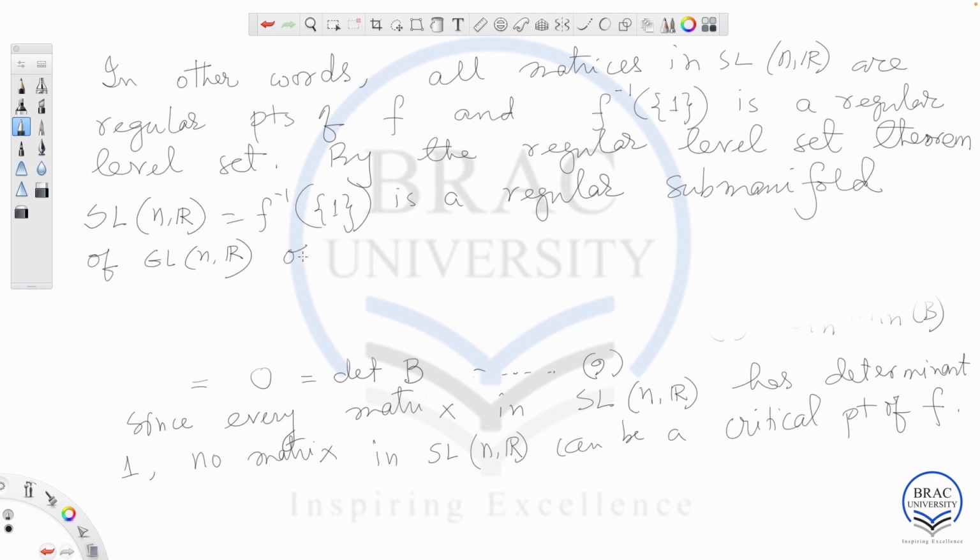of codimension 1, right? That is, the dimension of SL(n, R) is equal to the dimension of GL(n, R) minus 1.